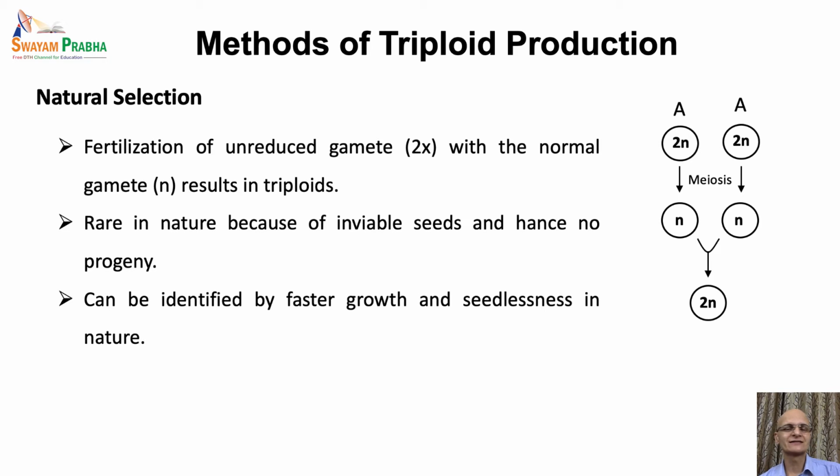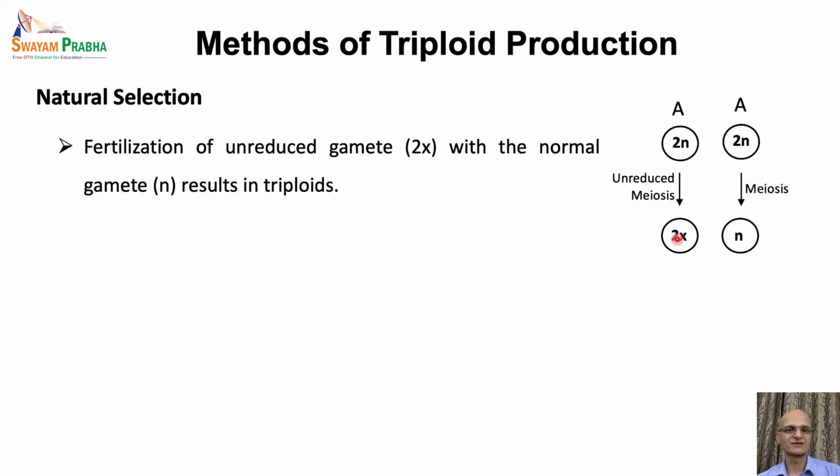However, under certain circumstances, due to meiotic errors, reductional division may not occur and therefore it results in the formation of unreduced gametes. That means a gamete formed as a result of non-reductional division would have the same chromosome number as its parent.